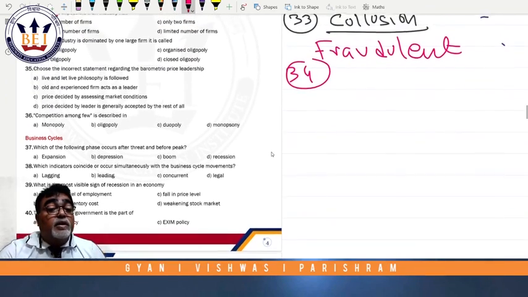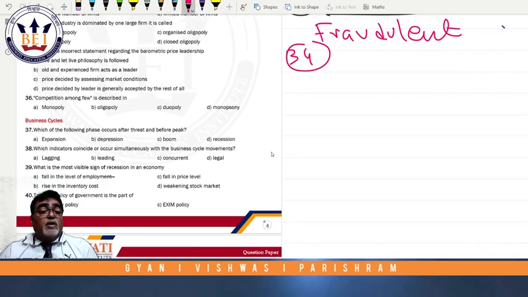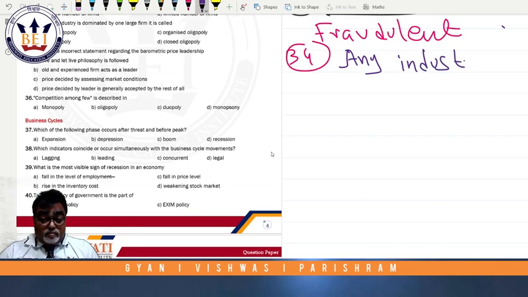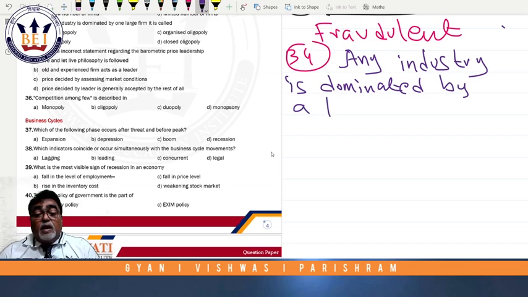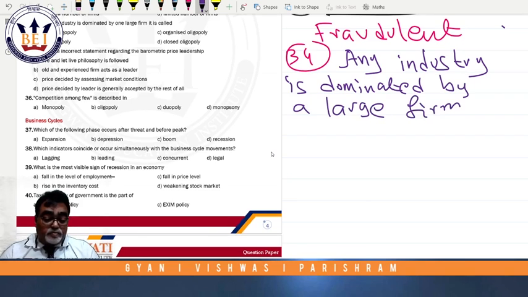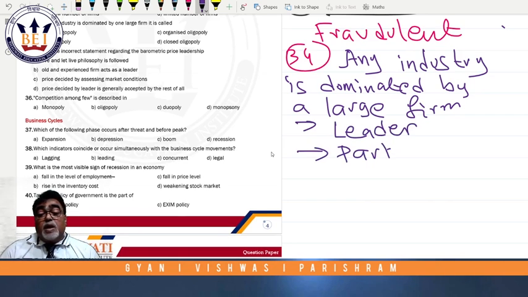So question number 34. This is a simple definition. When any industry is dominated by a large firm, and everyone is abiding by this and it is considered as leader, then we call it partial oligopoly.